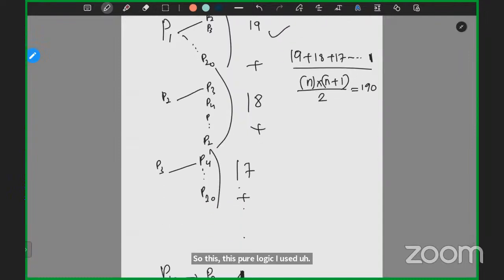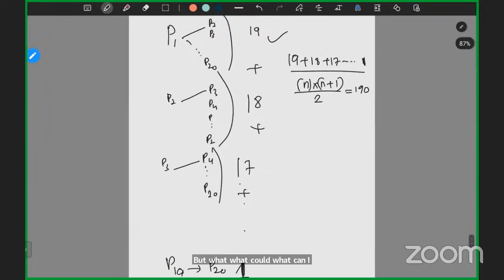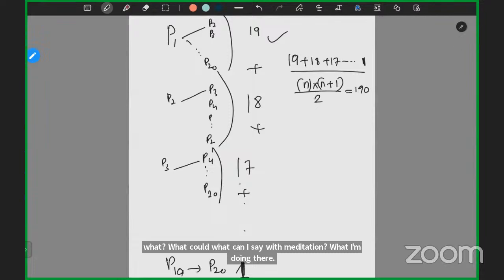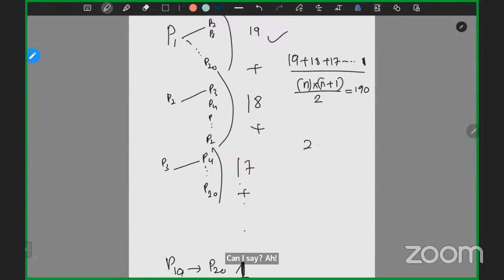But what can I say with permutation and combination? I'm choosing 2 persons at a time out of 20, and then they are doing the handshake. So that is 20 factorial divided by 18 factorial and 2 factorial.